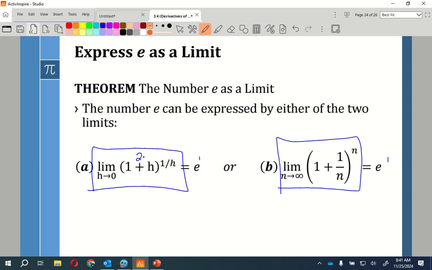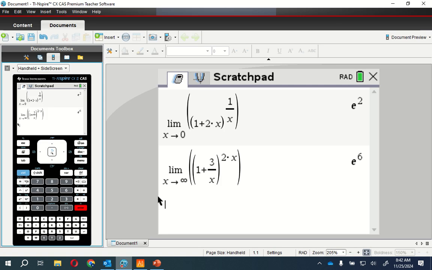We had 3 times, and then right here, squared. 3 times 2 gave me the e to the 6. Just like this one, 2 times this h right here is going to give me a 2 in my exponent. So looking at this one right here, since that was a 2 times that, e squared. Since this is a 3 instead of the 1, so it's 3 times the 1, and 2 times the x, that gave me 6.